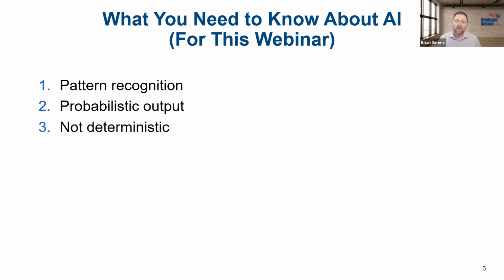Third, that also means that AI is not deterministic. So you can ask the same question multiple times and possibly get different answers, right? Because it's looking at data all the time and learning new things. Maybe you've even done that before.